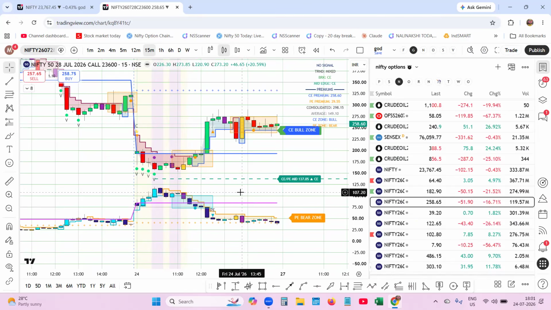And apart from that, my engine, the dual Nalini pivot engine, dual instrument engine, automatically plots the CEPE average range. 137 it has plotted.